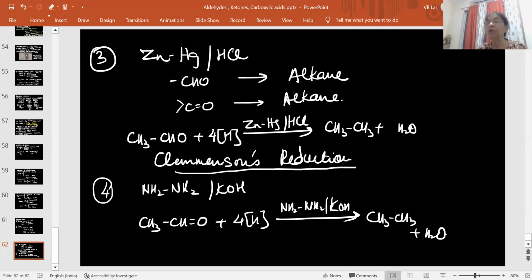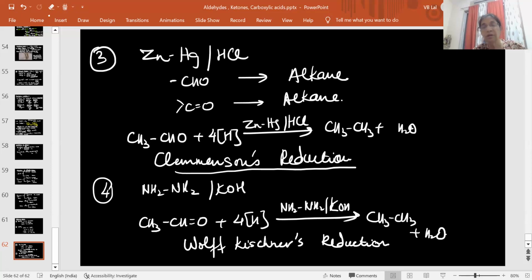So this also converts aldehydes and ketones into alkanes, but one works in acidic medium, the other works in alkaline medium. So if there is an aldehyde which you can't reduce in acidic medium, you use the second reaction. This is called Wolff-Kishner reduction.